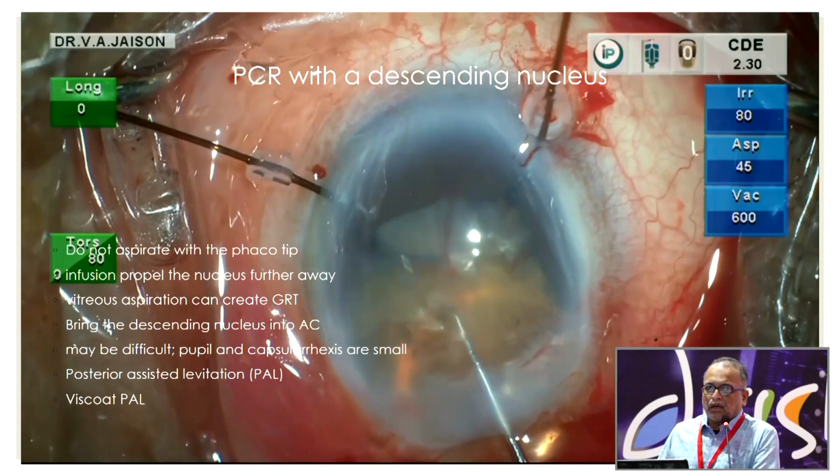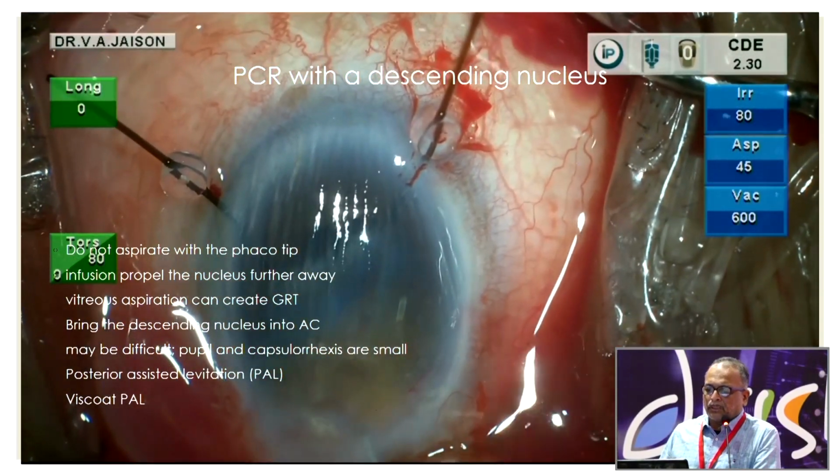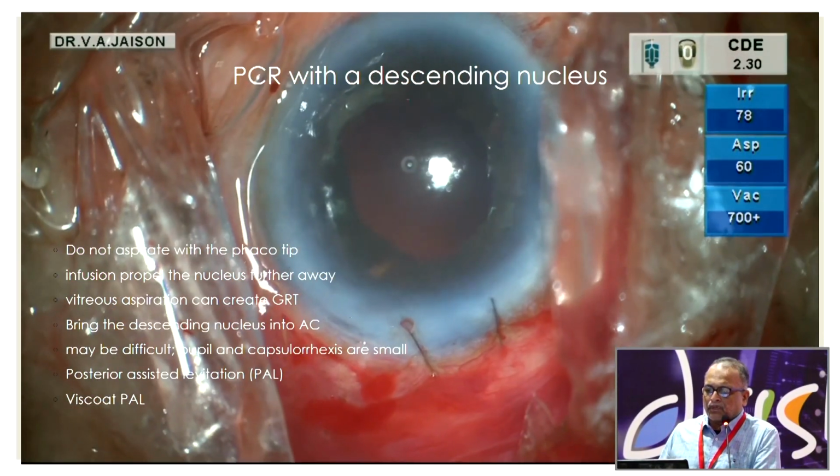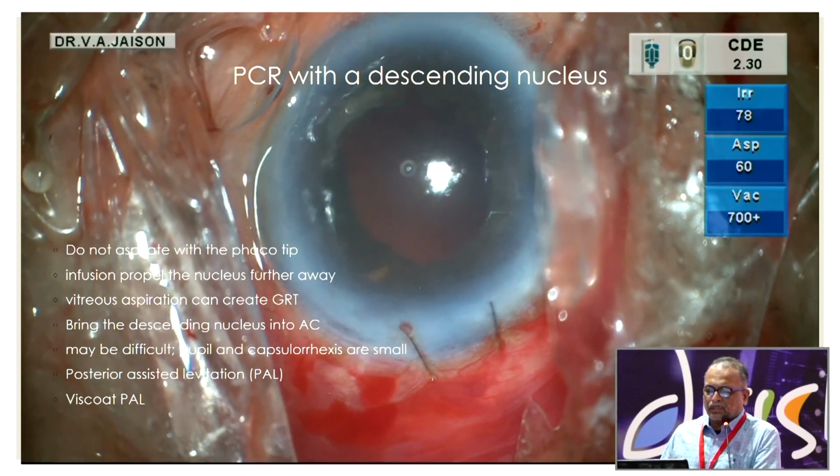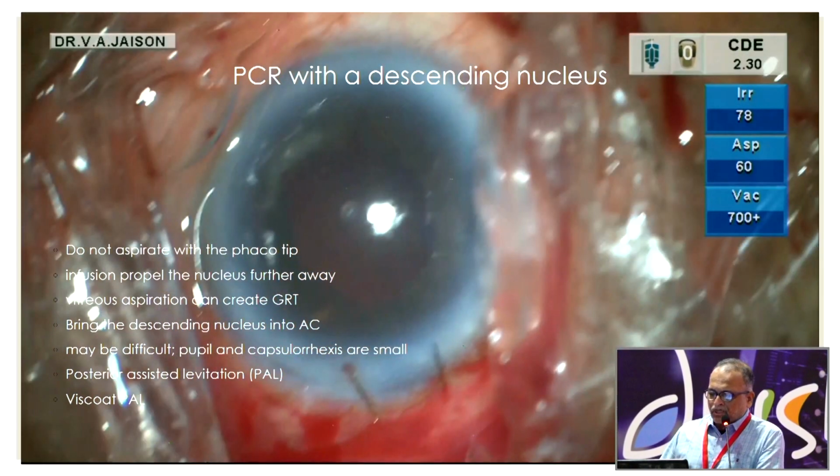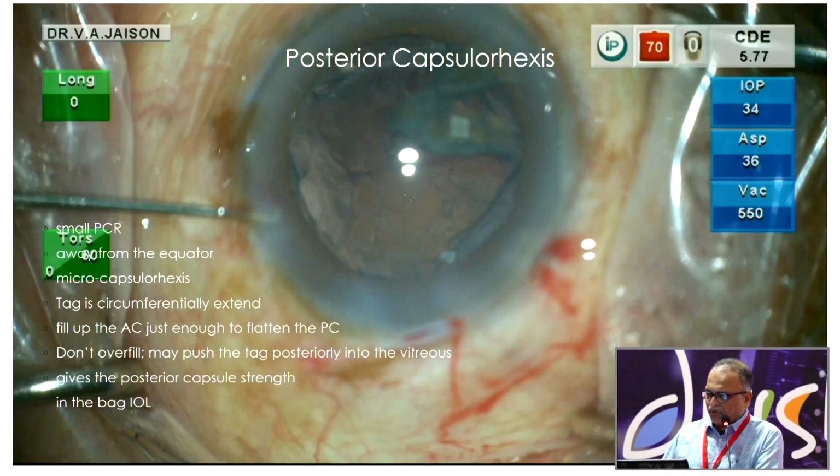Since it is a large nucleus, I don't think we can emulsify, so it is removed using a small incision technique. And viscoat levitation is much more refined than this technique. I don't have a video for that.